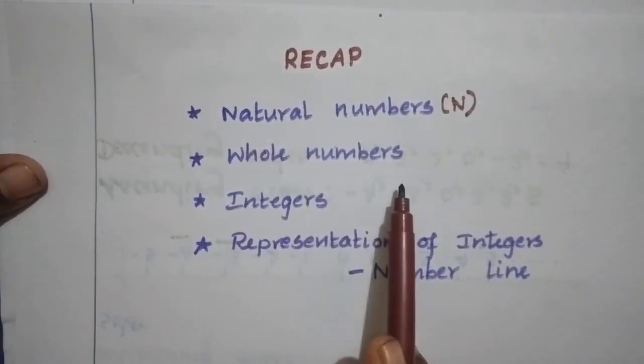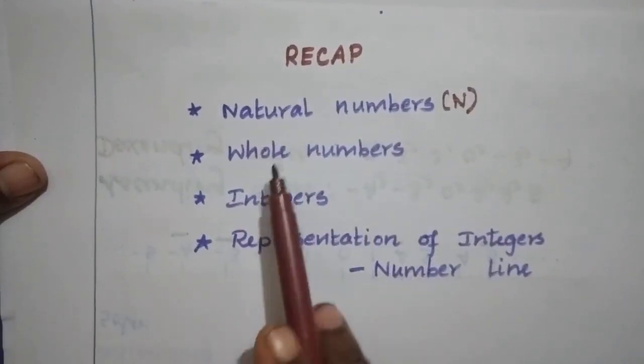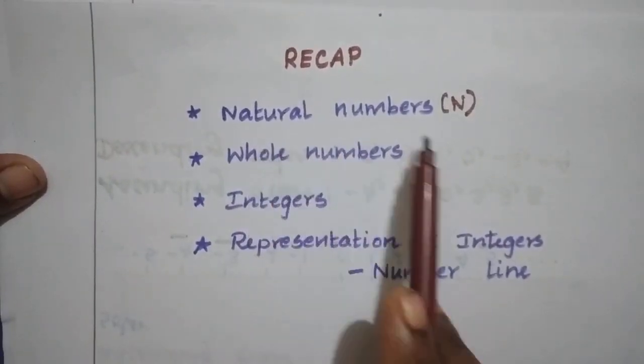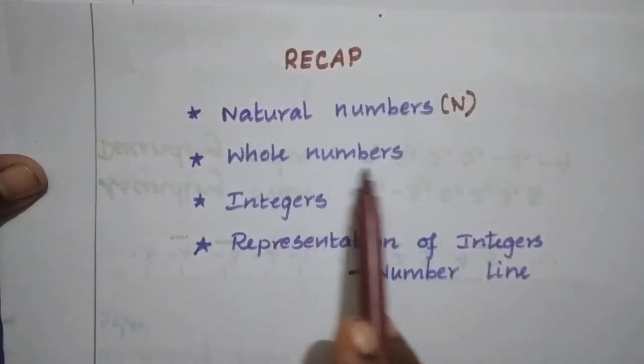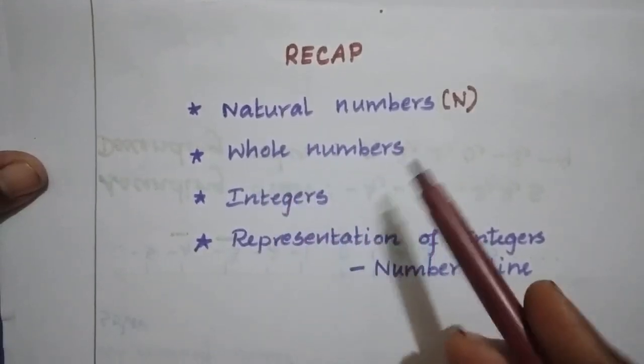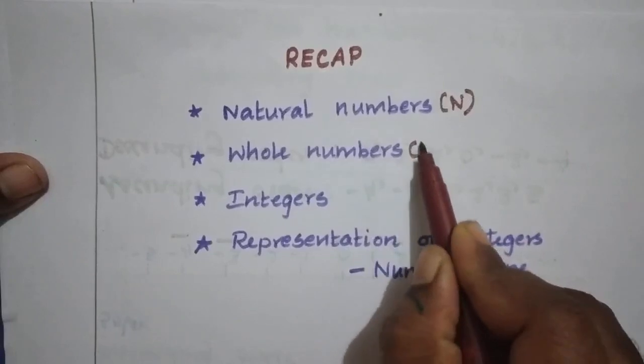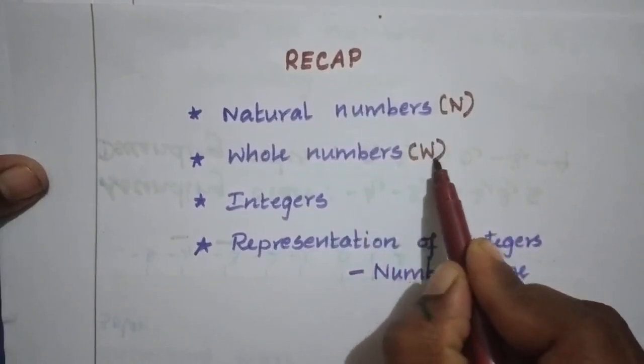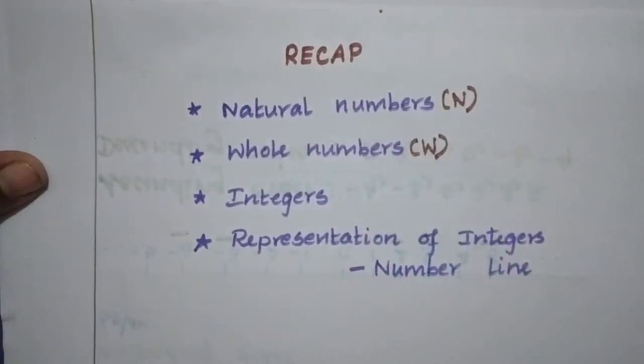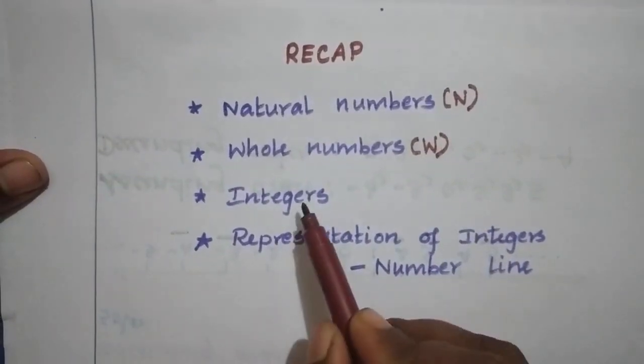Whole numbers. If we add 0 to the set of natural numbers, then we get whole numbers. Whole numbers are denoted by the symbol capital W. So 0 is the smallest whole number and there is no greatest whole number.